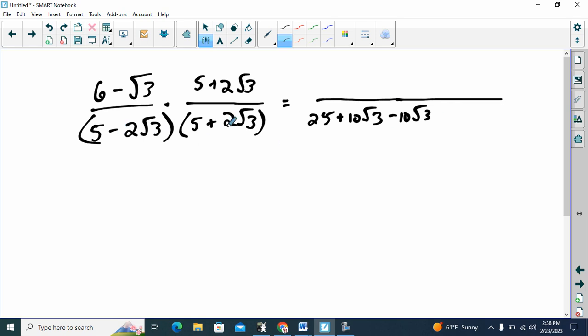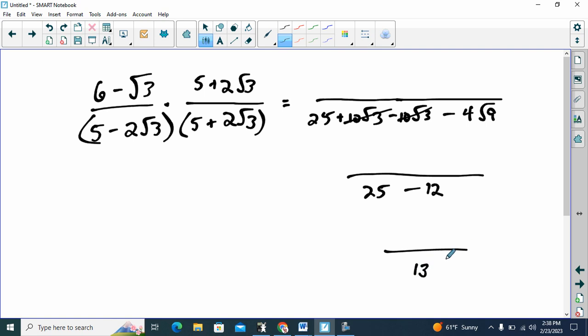And then I've got negative times positive, it's minus. 2 root 3 times 2 root 3. 2 times 2 is 4. Root 3 times root 3 is root 9. I get 25. 4 times 3 is 12. In the denominator, we get 13. That is a rational number.